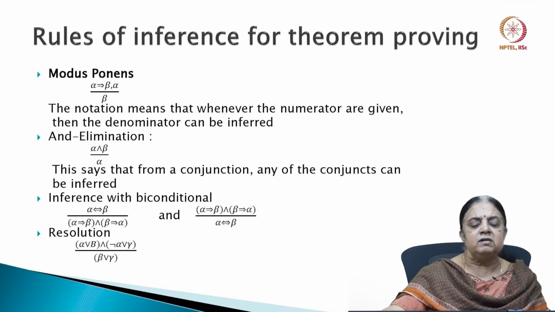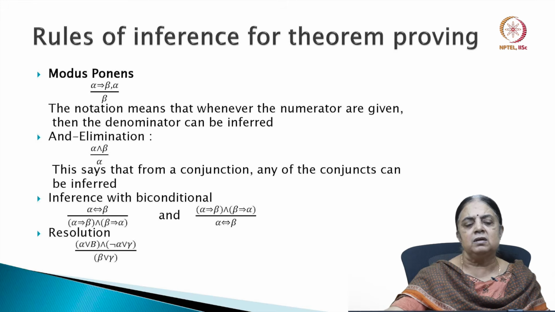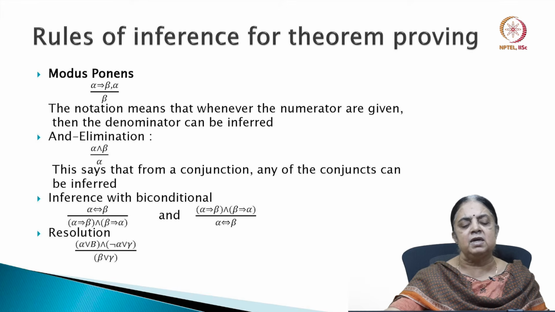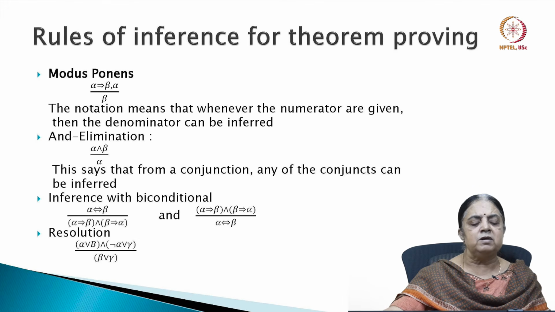The next is And elimination: from A and B, you infer that A is true. This says that from a conjunction, any of the conjuncts can be inferred. When you say A and B is true, it means that A has to be true and B has to be true. And the third one is the biconditional.